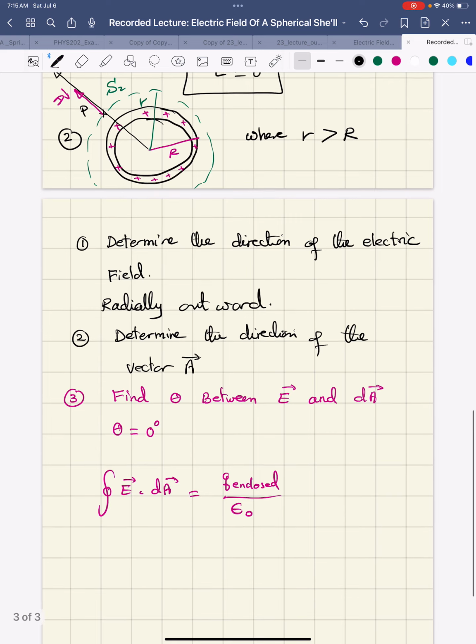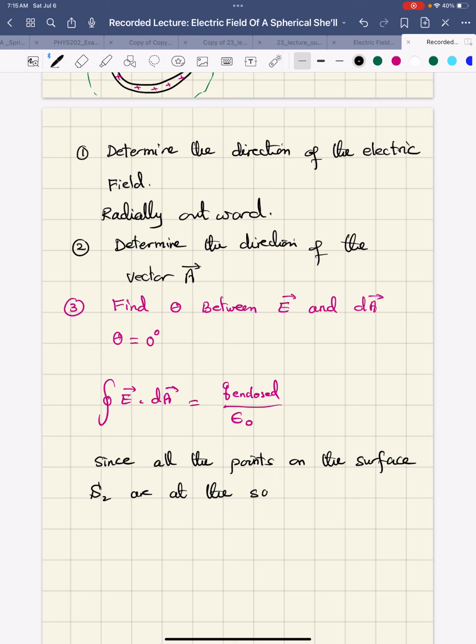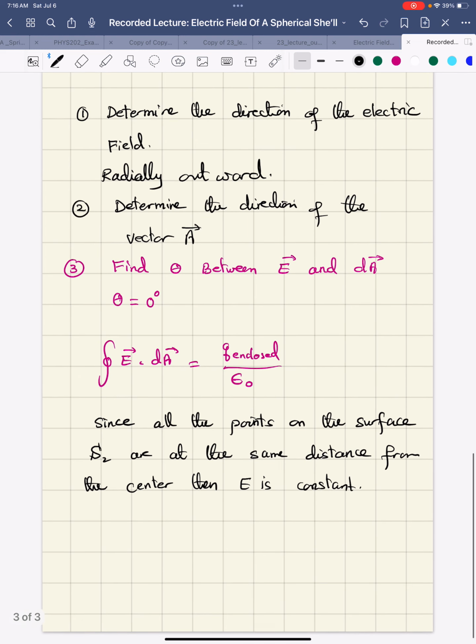One thing I also need to know is that since all the points on the surface S2 are at the same distance from the center, then E is constant. You cannot take E out of the integral if it is not constant.